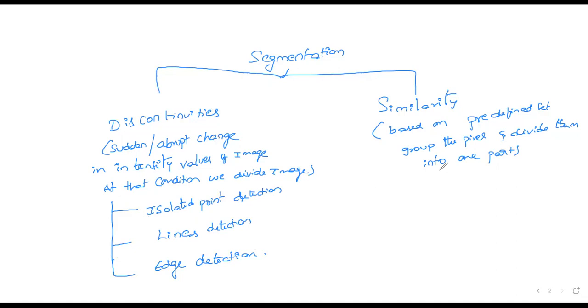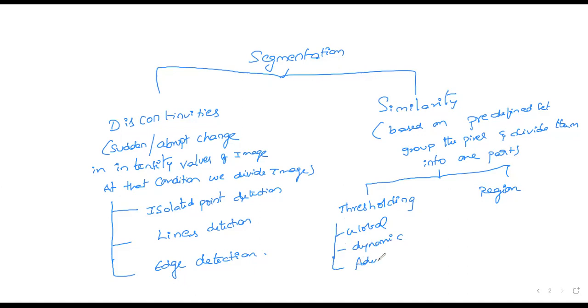In similarity we again have two types: thresholding based and region based. In thresholding we have global, dynamic, adaptive, variable, so many are there.